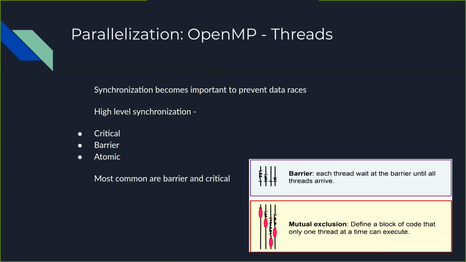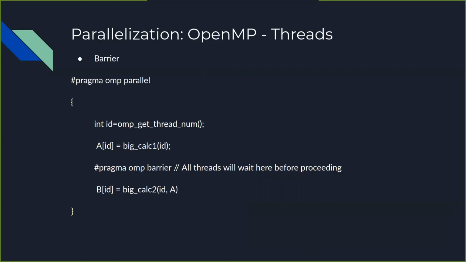And atomic is a specialized form of critical section, which is available for some simple operations, but it has less overhead than the critical section synchronization mechanism. Okay, so for example, the pragma OMP parallel construct.